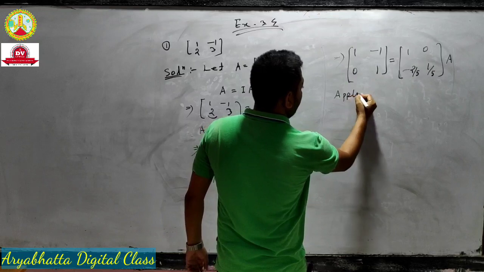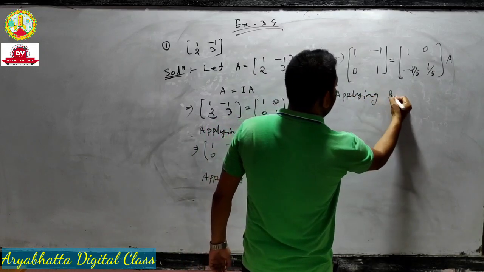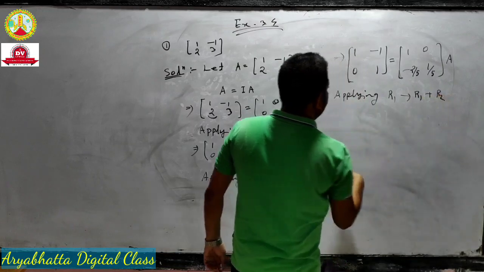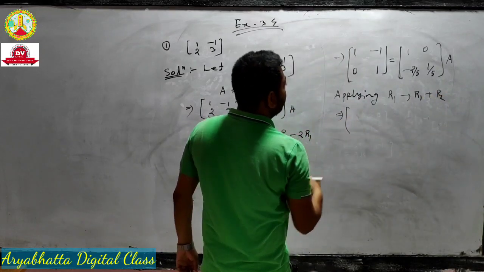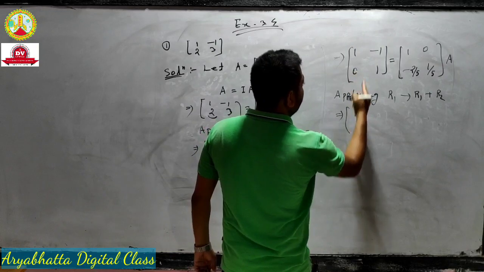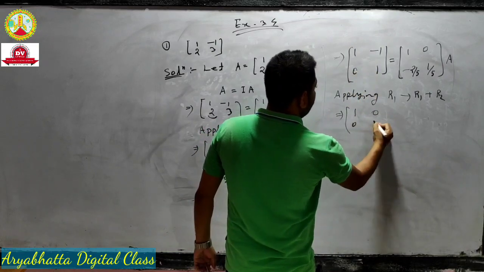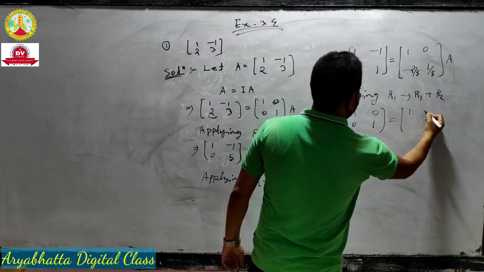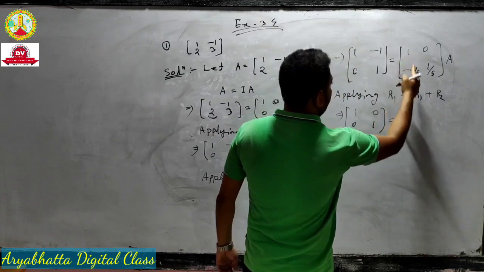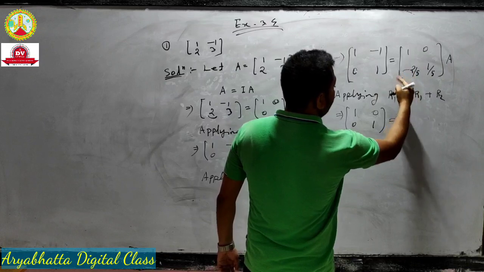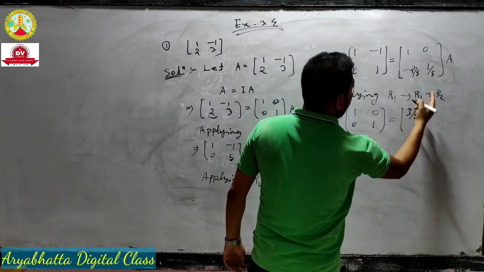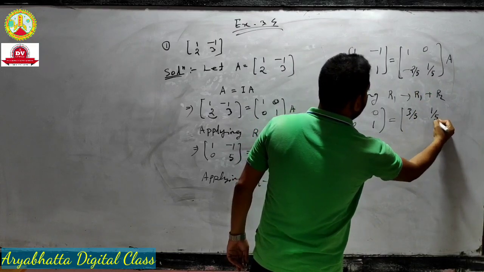Next, applying R1 tends to R1 plus R2, then we have 1 plus 0, minus 1 plus 1, 0, 1, and 1 plus minus 2 by 5, 3 by 5, and 0 plus 1 by 5, 1 by 5.